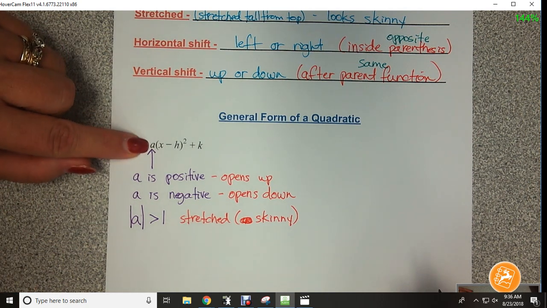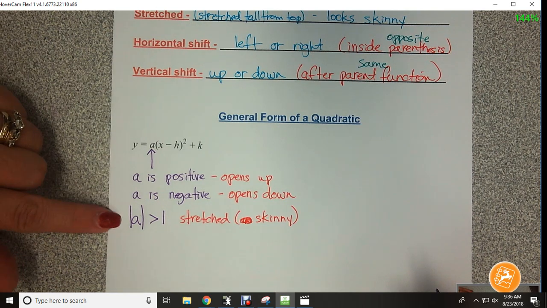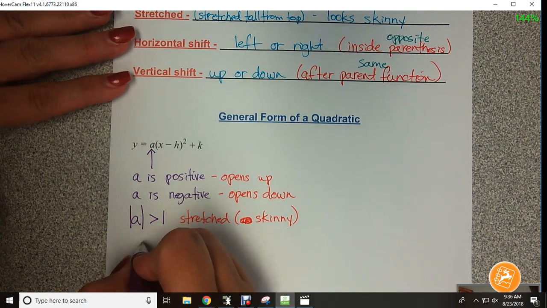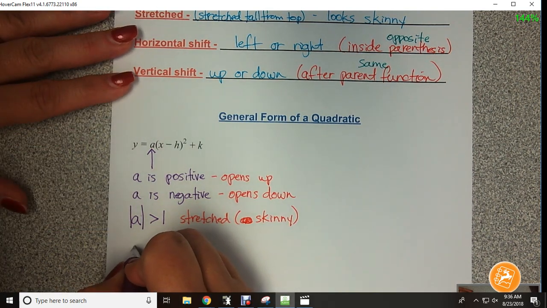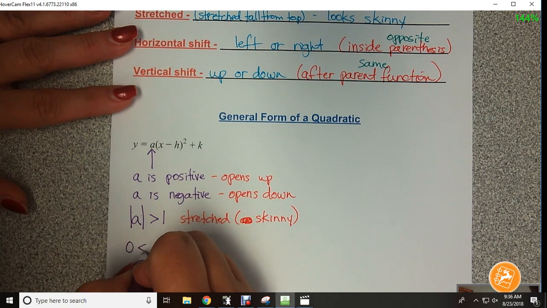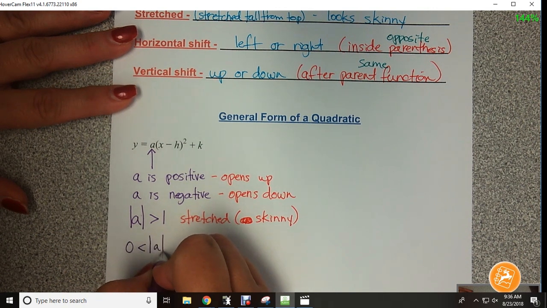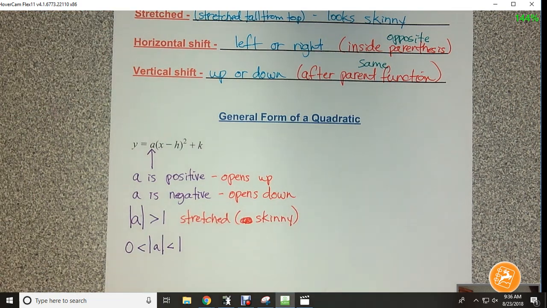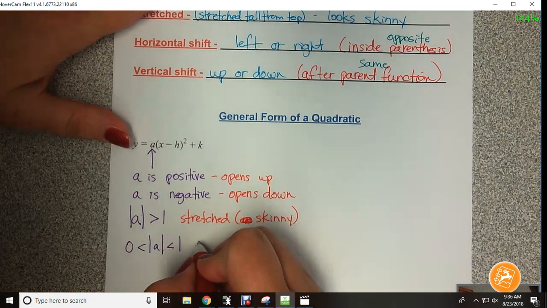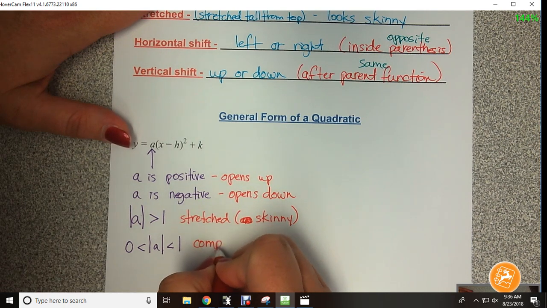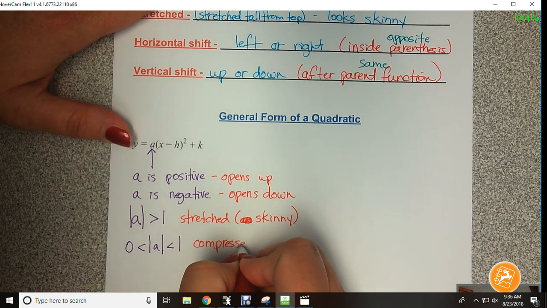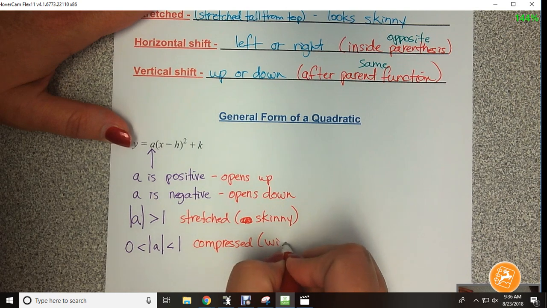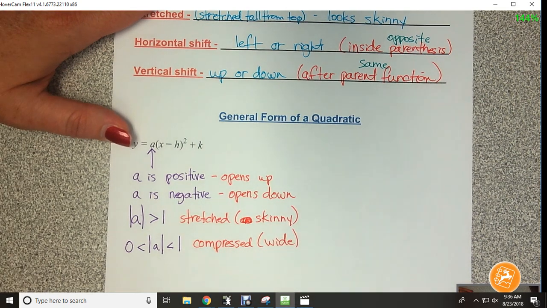I cover that up and I just look at the A itself, which is technically the absolute value. The other thing about the A is it says that if that absolute value is between 0 and 1, which means it is a fraction, that's when your graph is going to be compressed, or it's going to look wide.